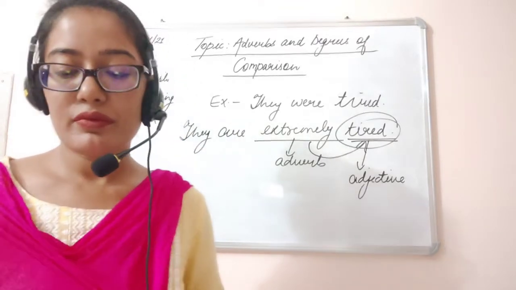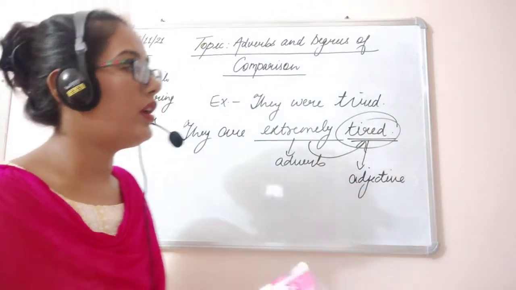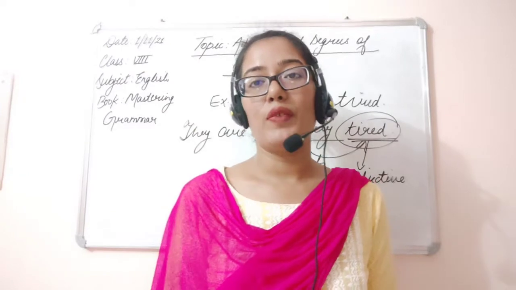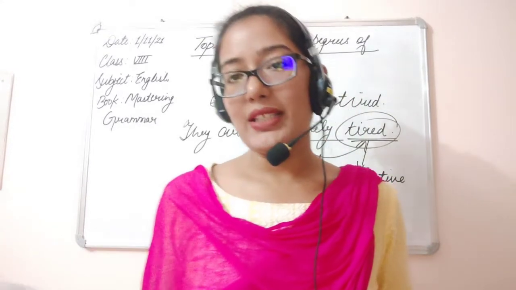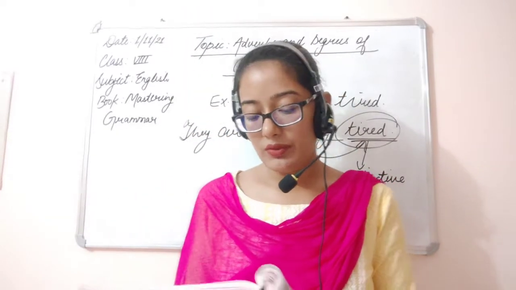And in sentence C, the word very modifies the adverb softly. So in the earlier sentence, she spoke very softly, softly is an adverb. In the above sentences, clearly, extremely and very are the adverbs.